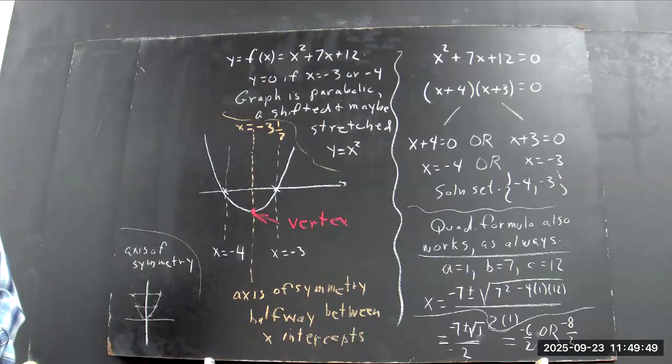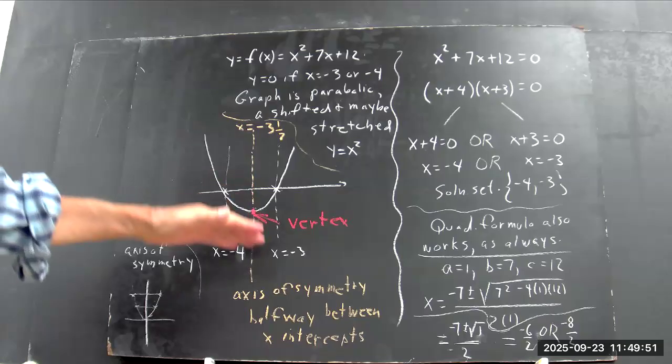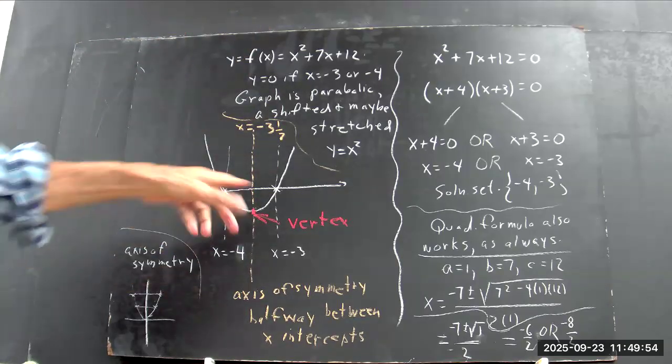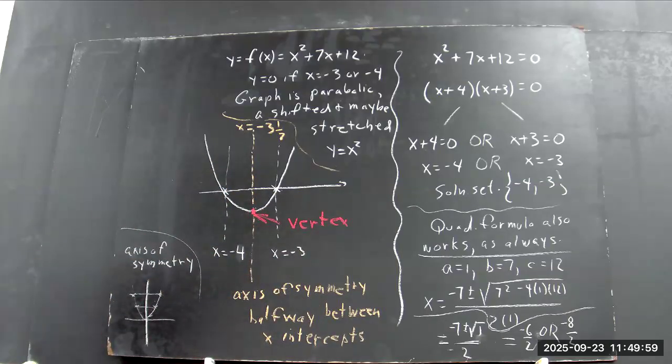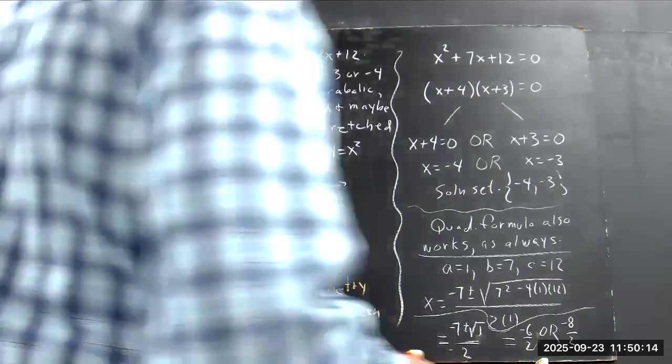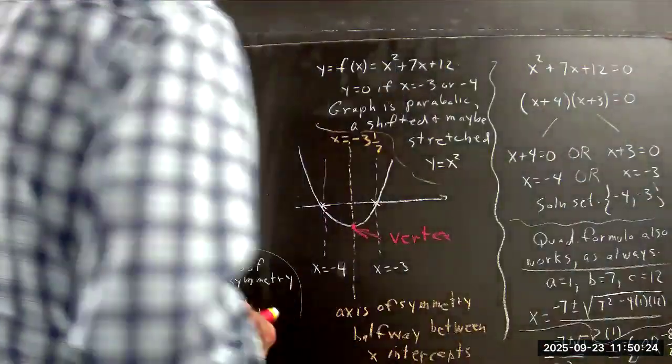Okay? It always tells you where the vertex is, incidentally, even if the whole graph is above the x-axis or maybe reflected and upside down below the x-axis and doesn't even go through the x-axis. You still have the axis of symmetry. Okay? And I'm going to explain why, and it's worth understanding what I'm going to tell you. But if you don't, you can still use it. You just kind of memorize the idea.